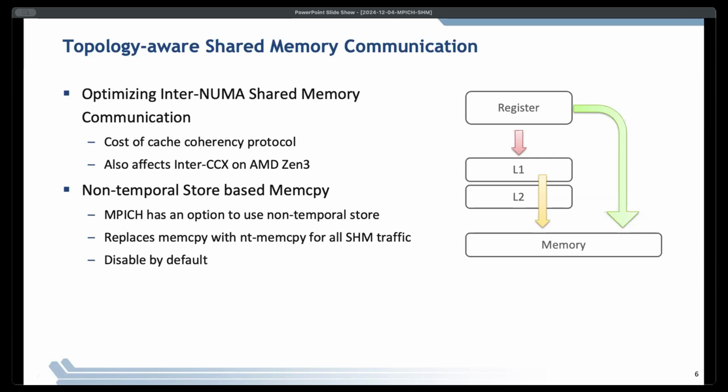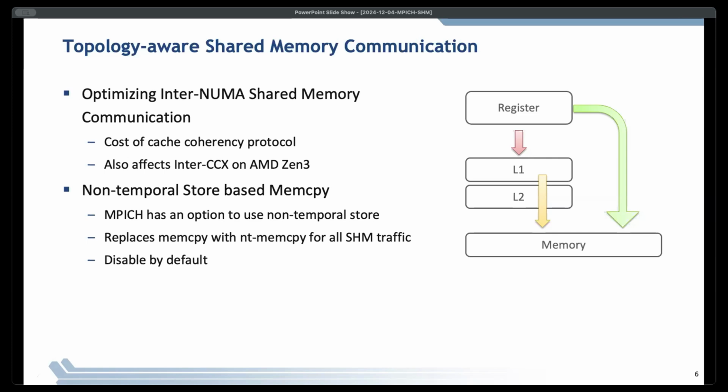So the common solution for this is using non-temporal store to address this issue. What non-temporal store does is this: when the application performs a store operation, by default it will write to the cache, and the cache would eventually be flushed out to the memory.